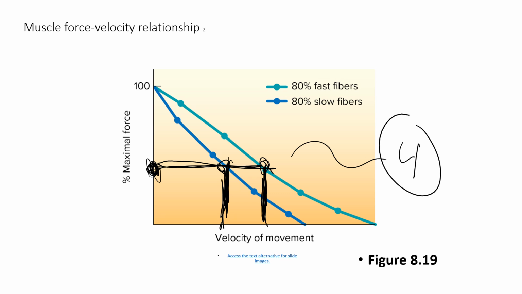The sort of historical answer to this would go back to, again, well, the type 2X fibers have myosin heads that can cycle more frequently than the type 2A fibers can. So it might be true at this exact point in time, these two muscle fiber types are producing the same amount of force, but the type 2X fiber can shorten actually at a faster velocity at that same force production because those myosin heads can actually cycle at a higher frequency.